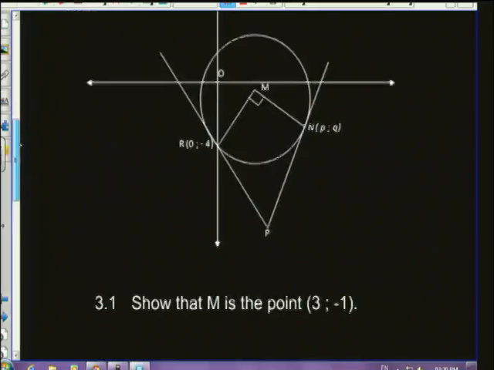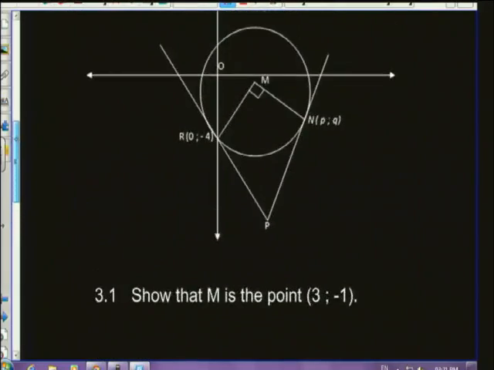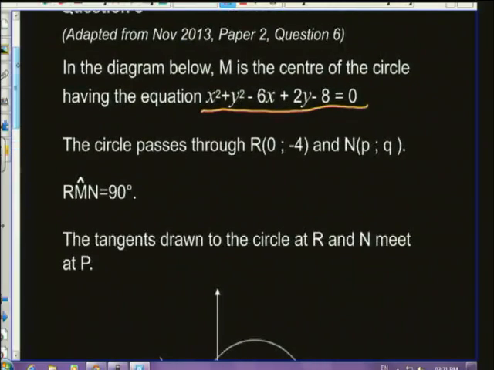Okay, right, so what do they want us to do? They say, show that M is the point (3, -1). Right, so the only thing we know about M is that it is the center of the circle with that equation. So we need to find the coordinates of M, in other words.